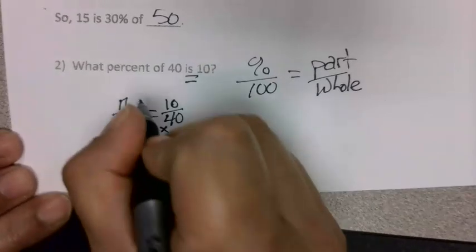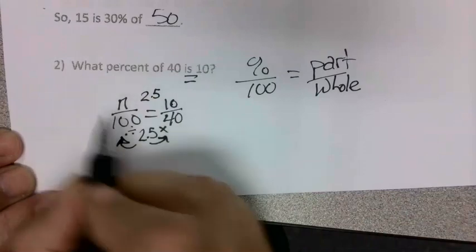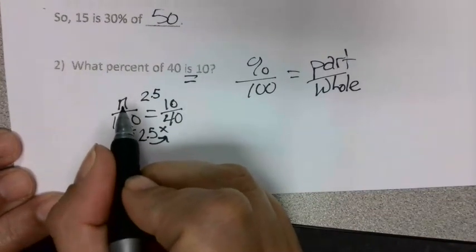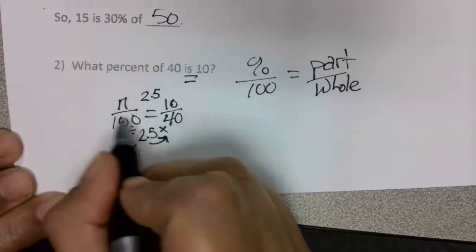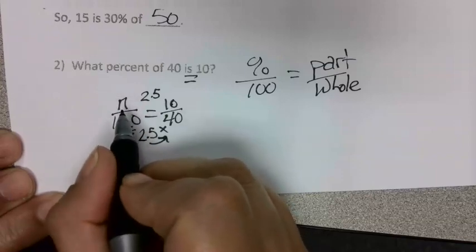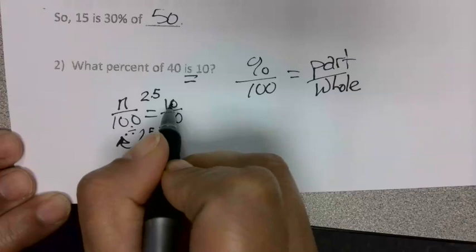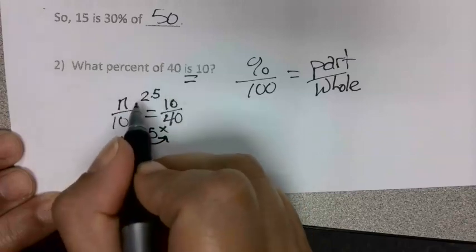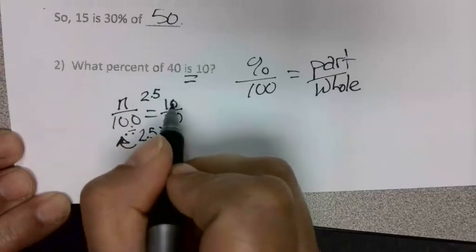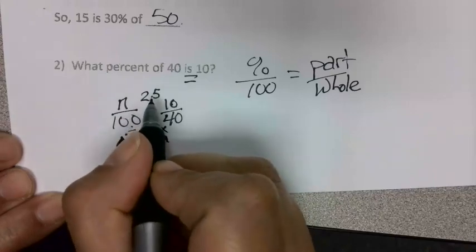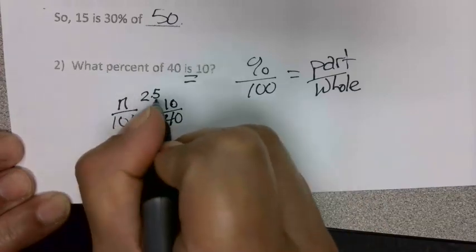When I come up here, remember it's also 2.5. Well, to go from left to right, I have to multiply, but do I know what number that I'm multiplying? No, I don't. So going the opposite way, dividing, I know I would multiply 10 times 2.5.